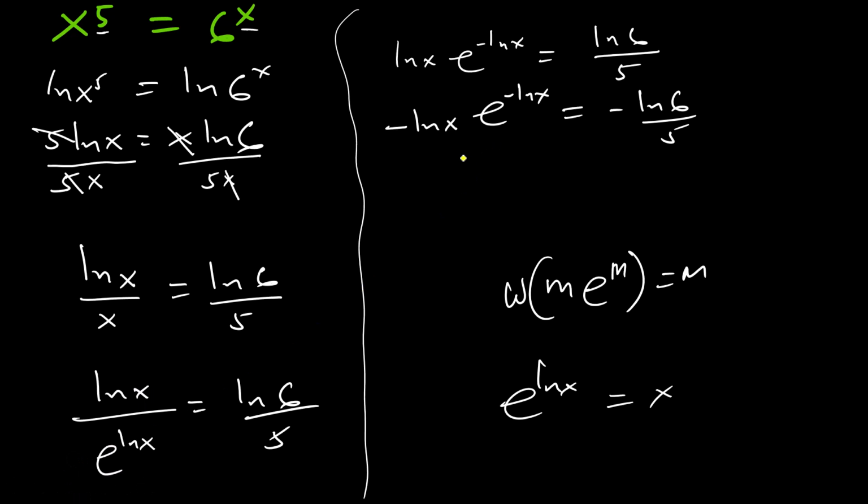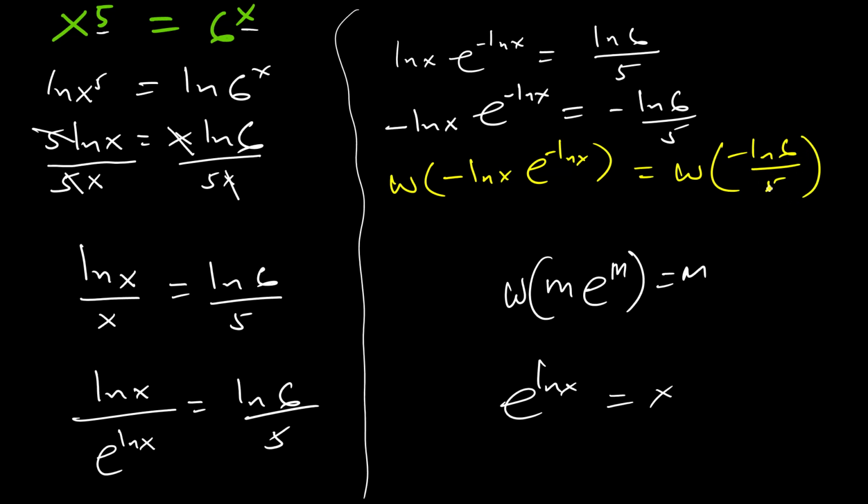Okay. So let's take the Lambert W function. Now that we have this being equal, minus ln of x equals the Lambert W of minus ln 6 over 5.